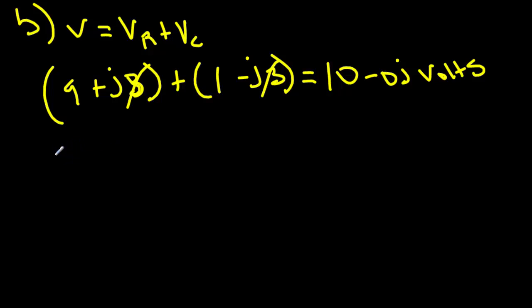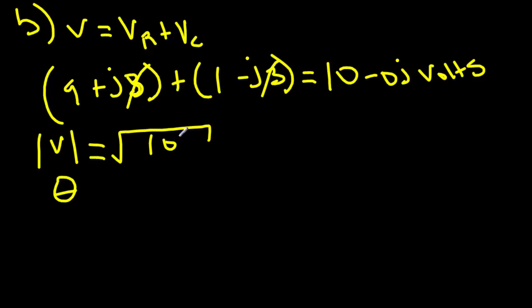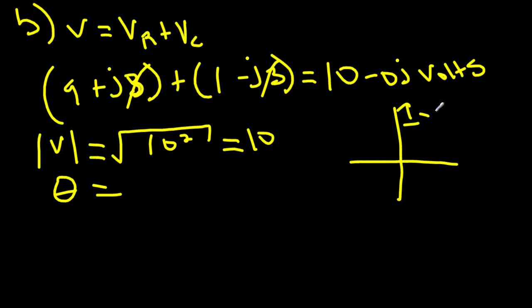We do this by finding the magnitude of V and the phase, or the angle, of V. You find the magnitude by taking the square root of the real squared plus the imaginary squared. There isn't an imaginary component, so it's just the square root of the real squared, which is 10.